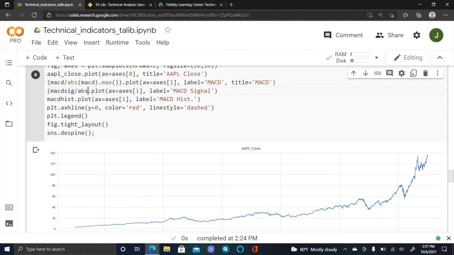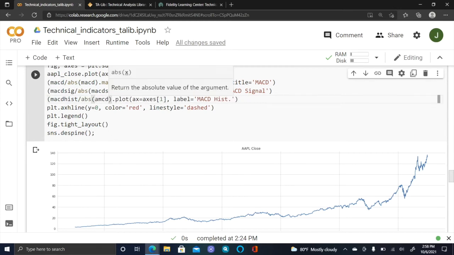And after we divide by this maximum of the absolute value of everything, we will still get the same indicator, more or less, because all we really care about is whether it is above or below 0. All we care about is the crossover. I cannot type.